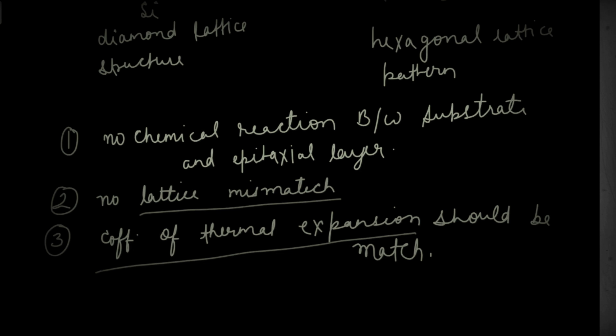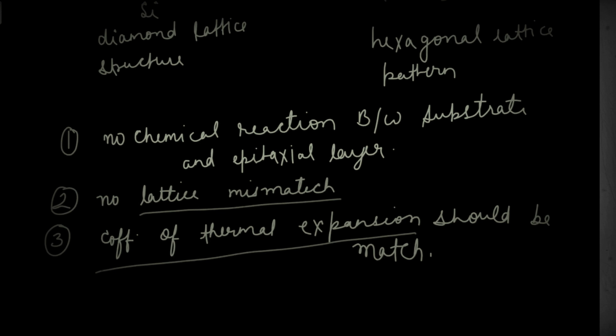Just like in the above example, we discussed SOS, and we said that sapphire, meaning aluminum oxide, has a hexagonal lattice pattern and silicon has a diamond-like crystal. There is a lattice mismatch, but it can be grown. The thickness of the layer will be the problem.